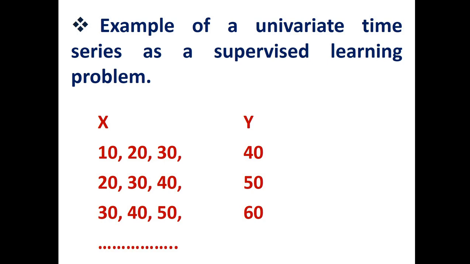An example of a univariate time series as a supervised learning problem looks like that. You can create X, Y data, where X is grouped into 3 data points and Y is one single output. You can see 10, 20, 30, then 40 is the output, then again 20, 30, 40, 50 is the output, and so on, so on.